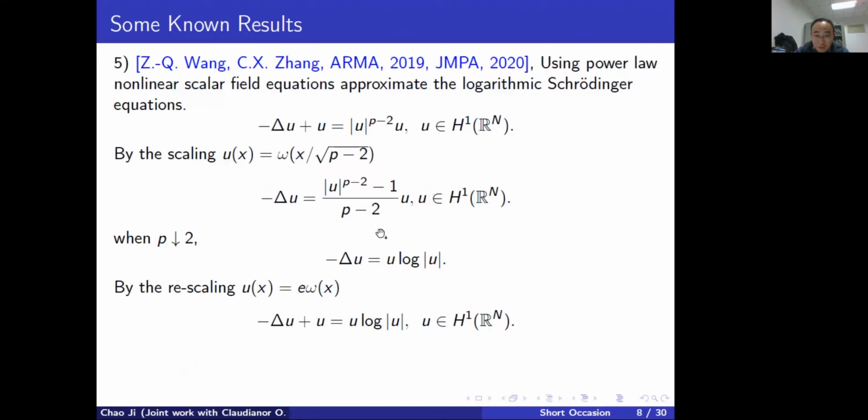Let's pay attention to just this part. We can see this function as a to the x. Here a is the absolute value of u, a constant, and x is p minus 2. If p goes to 2, this limit is log of the absolute value of u.